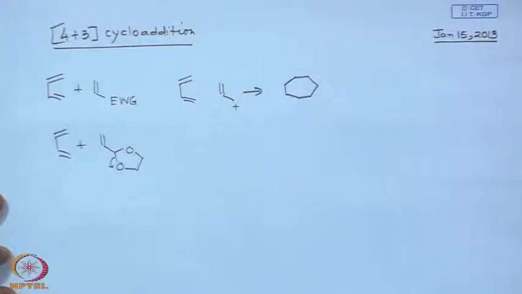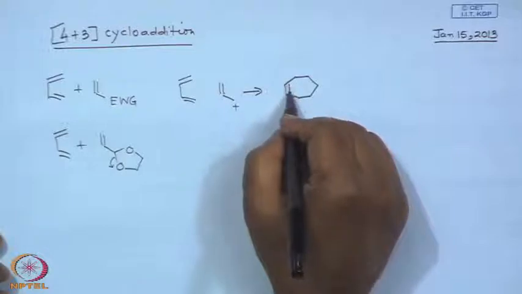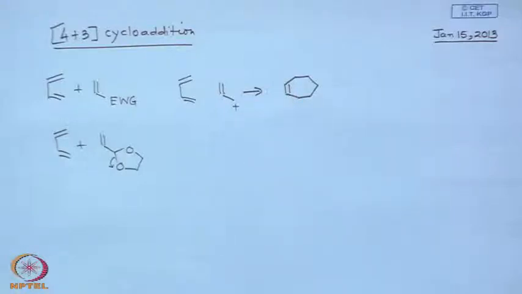It is a 7-membered ring. That means all 3 atoms of the allyl carbocation, this is basically an allyl carbocation, undergo reaction. That is the reason why it is known as the 4 plus 3 cycloaddition reaction. And obviously, on your left hand side, that means the diene side, you do not have much choice.